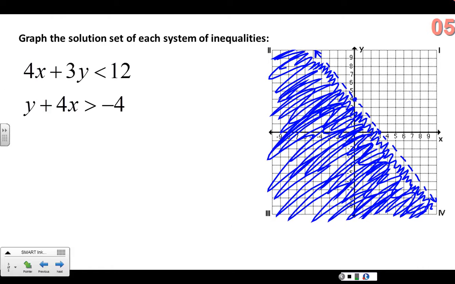Okay, I'll do it in red. The y-intercept will be negative 4. The x-intercept would be negative 1. So on this one, we got a dotted line. If I pick the origin as my test point, true, we're going to shade on the side with the origin.